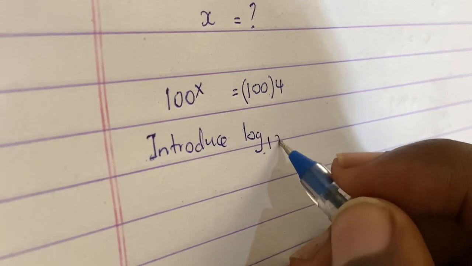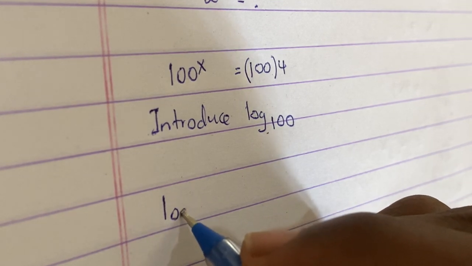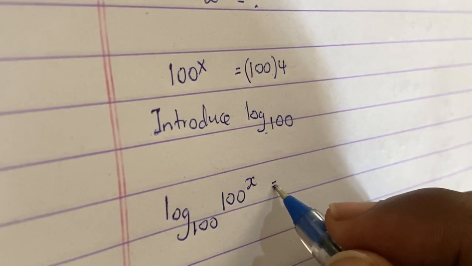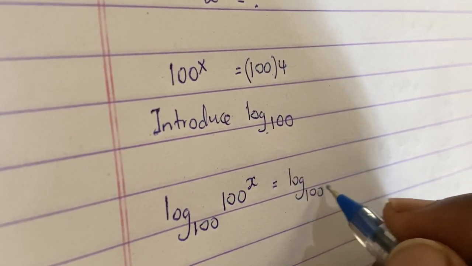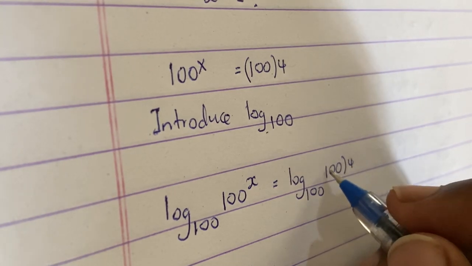log base 100. So log base 100 of 100 to power x is equal to log base 100 of 100 times 4.